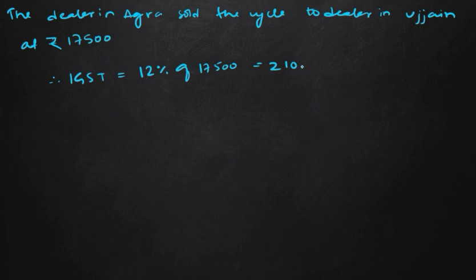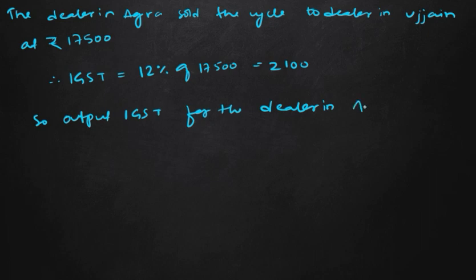This IGST will be the output IGST for the dealer in Agra. So the output IGST for the dealer in Agra will be 2,100. So we have calculated the input as well as the output.